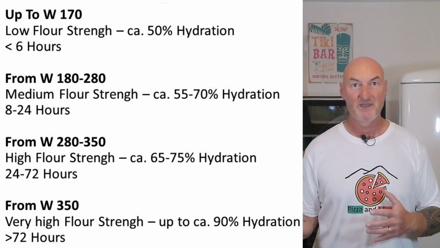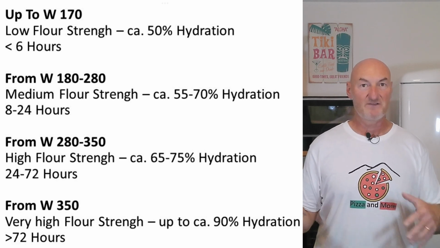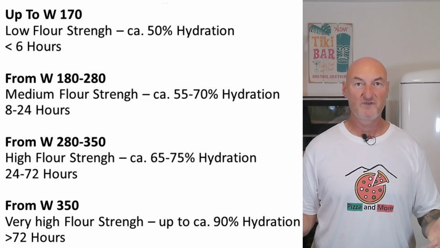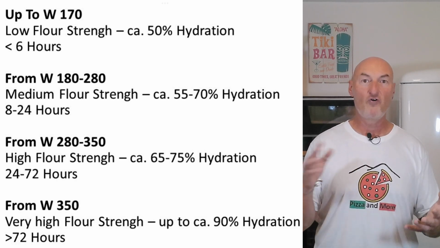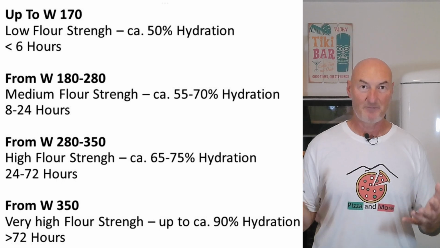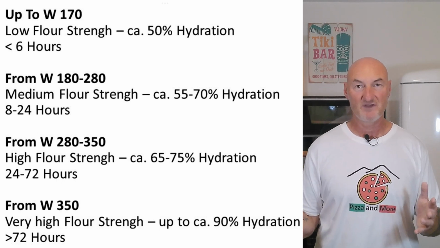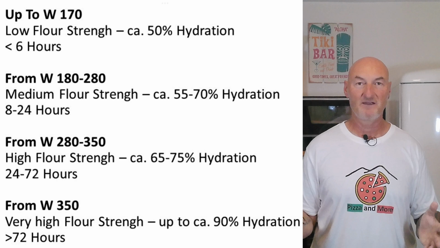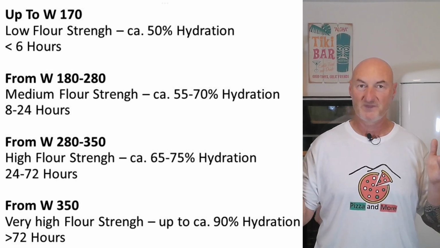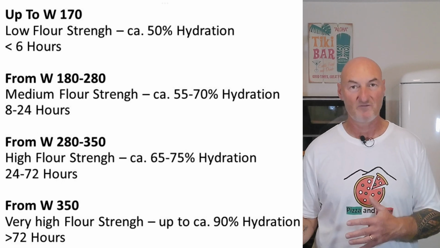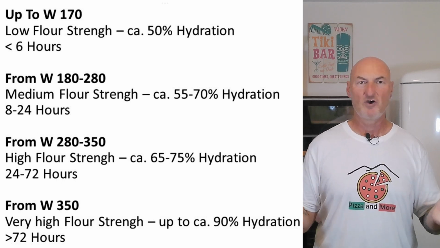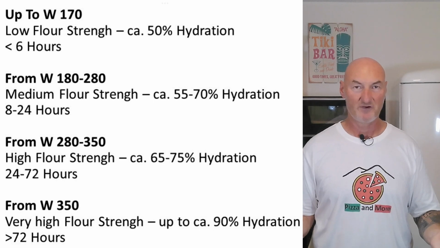And then this is perfect for pizza with a longer leavening time. And over a W value of 350, we speak of a very high baking strength, and this kind of flour is able to take over around 90% water, and this is normally used for panettone or such things.